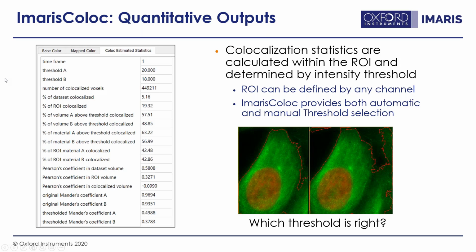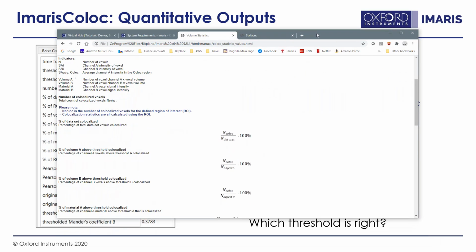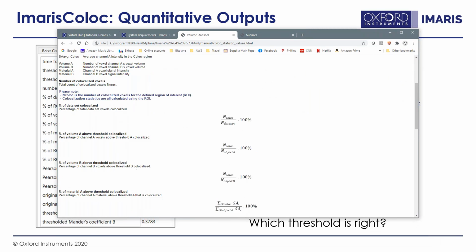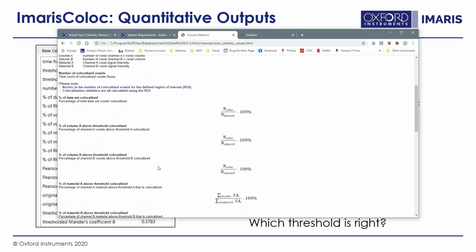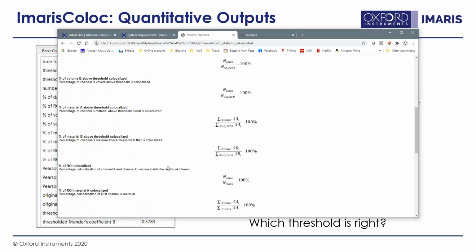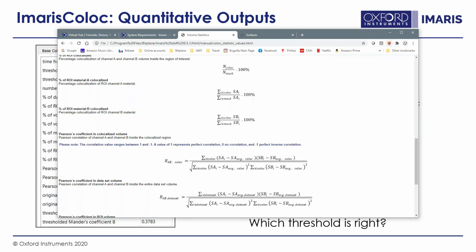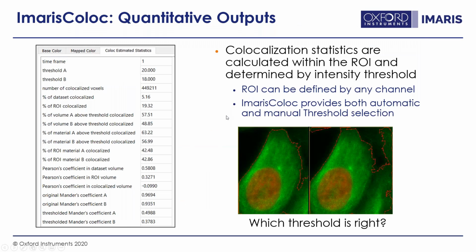If you go to our reference manual in Imaris, and I'll show you exactly where it is, you can get a list there with a description, the numbers and the calculations for all of these statistics, on how we generate these values. So you have that at your disposal to figure out whether that is a value that you want. And when we go through it, I'll show you the ones that we're going to talk about and what they represent for the particular data sets.